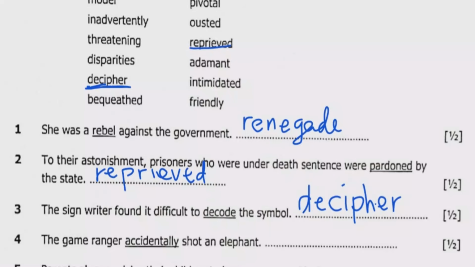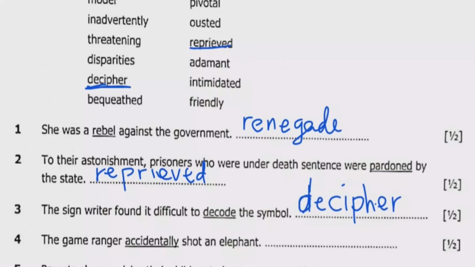Decipher means to interpret or make sense of something difficult to understand, like a symbol or code. Please bear with me. I'm using the mouse to write, so in case my writing is not okay, I'm sorry.